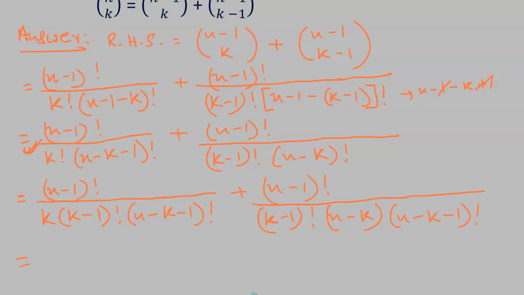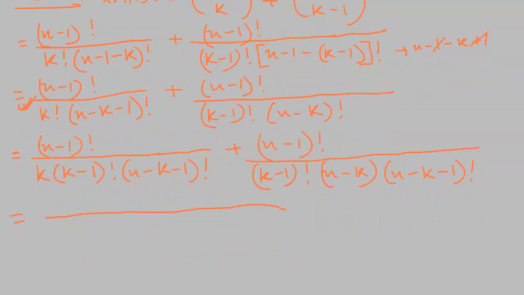Now we have to get to the common denominator. So I'll be writing all the factors. Let me draw the line a little lower. So I take all the factors of the denominator, k times k minus 1 factorial.